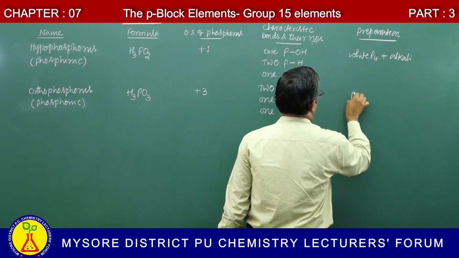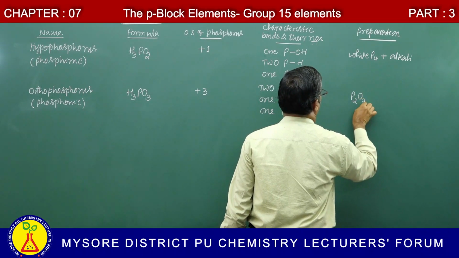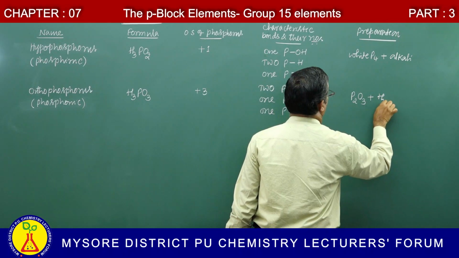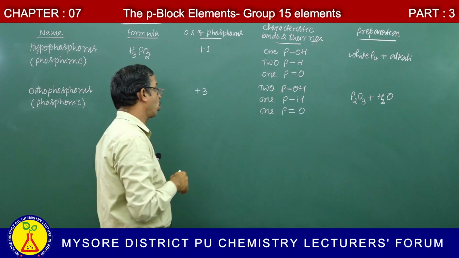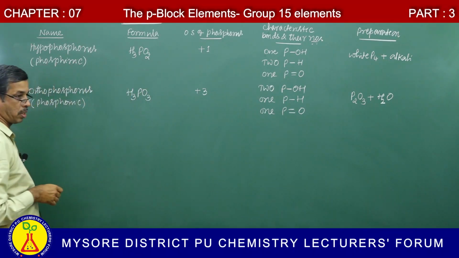Methods of preparation: P2O3 plus water. When P2O3 is treated with water, we obtain orthophosphorus acid.